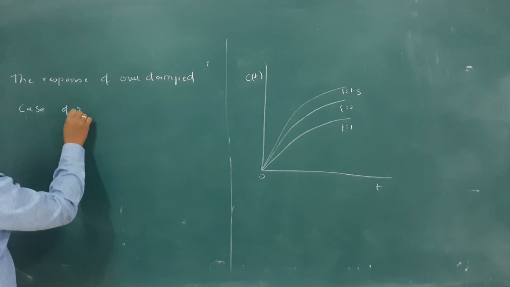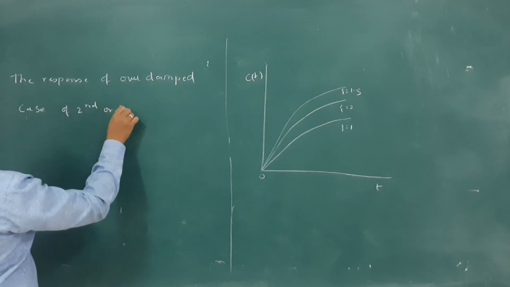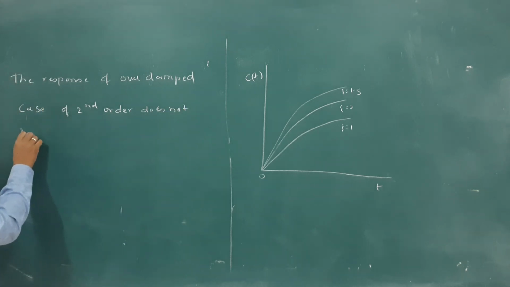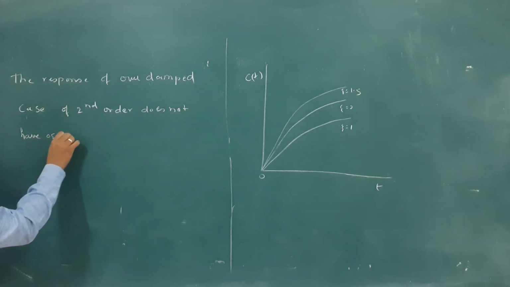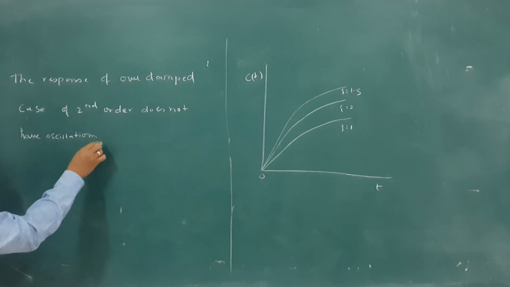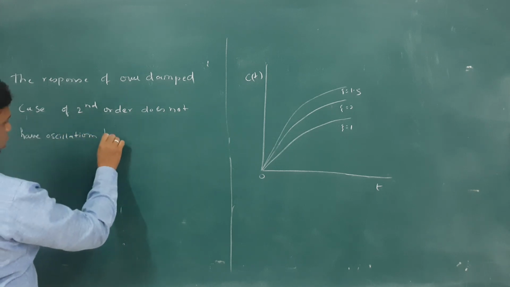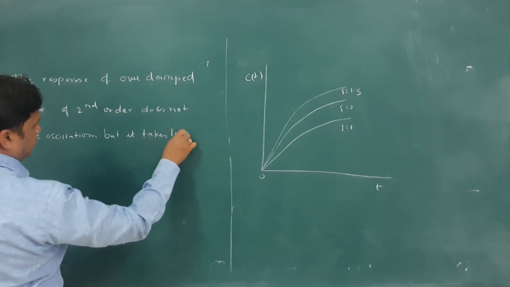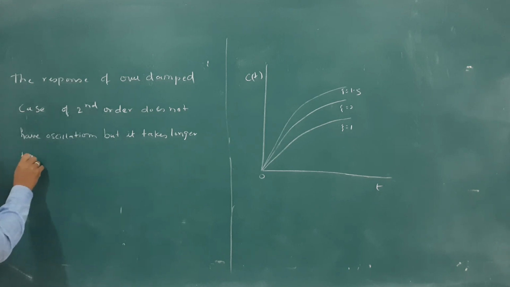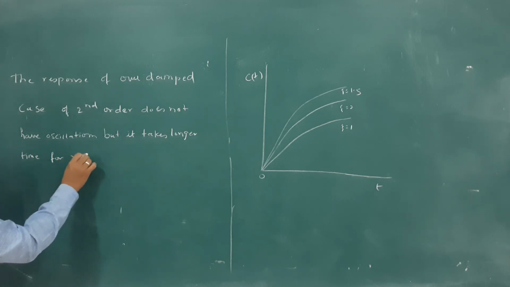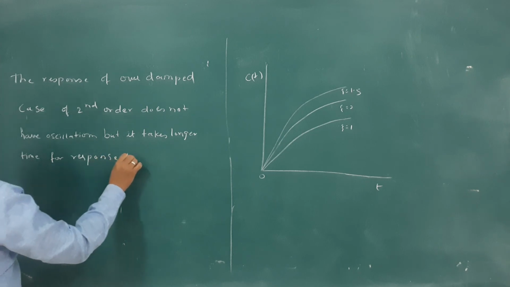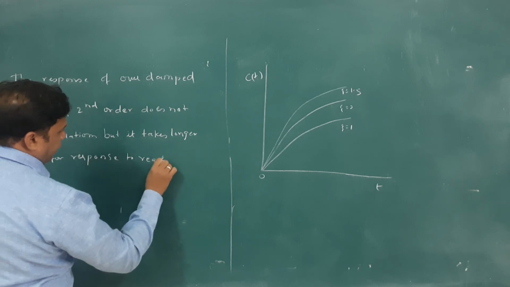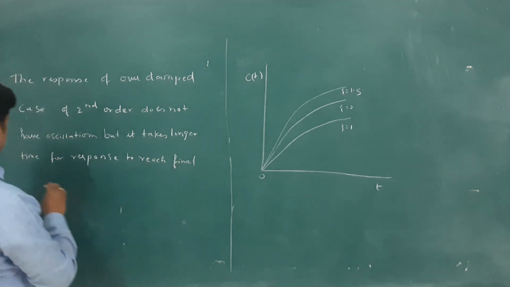The response of the second order overdamped system does not have oscillations, but it takes longer time for the response to reach the final steady state value.